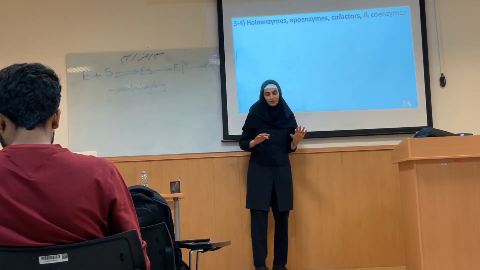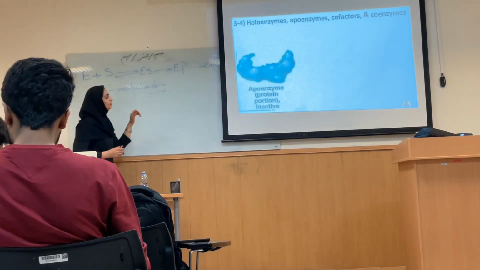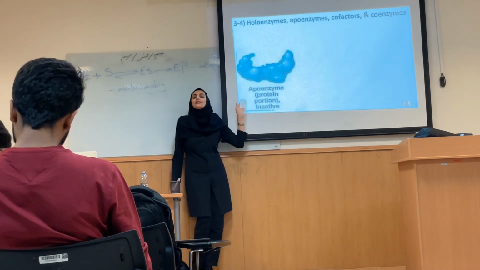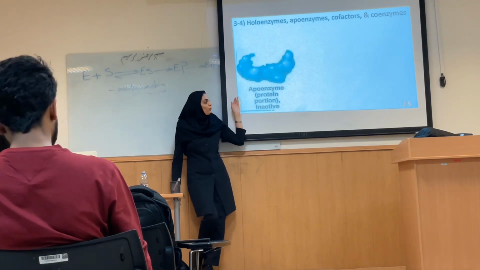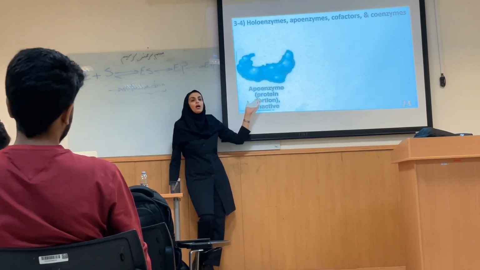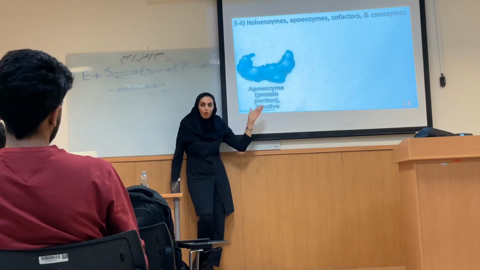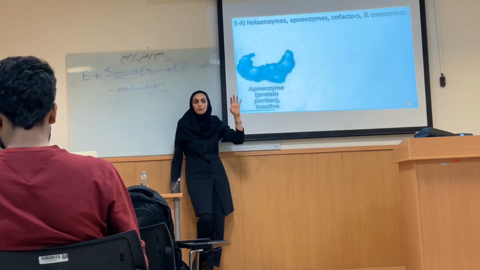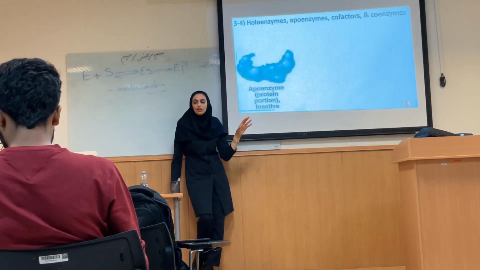You don't remember. Guys, at first, the enzyme is a protein that is naturally inactive. We call that apoenzyme. Apoenzyme is just the protein part of the enzyme that is not active.